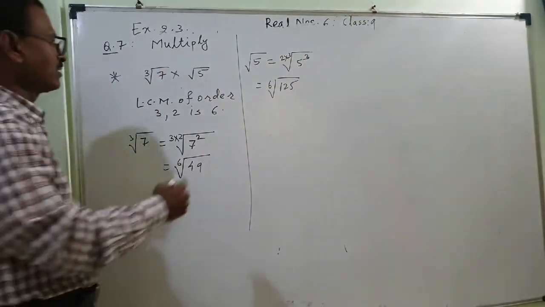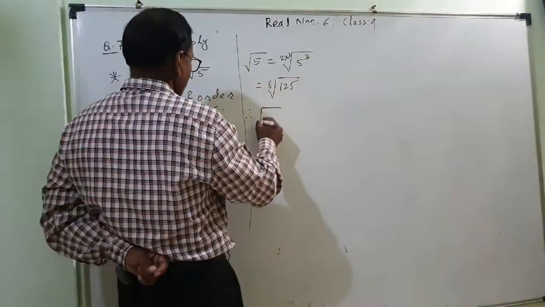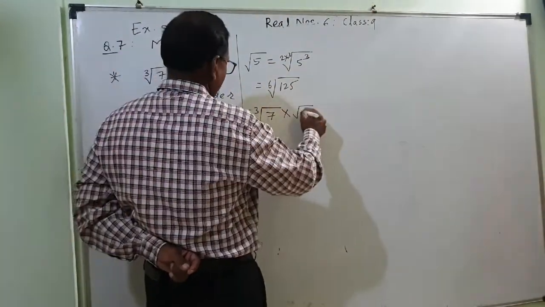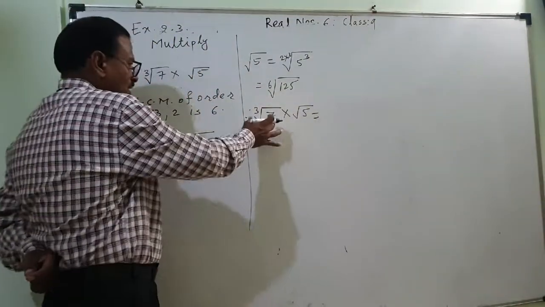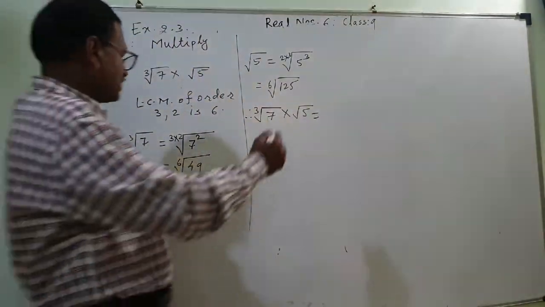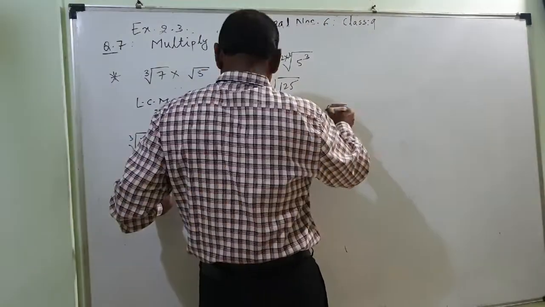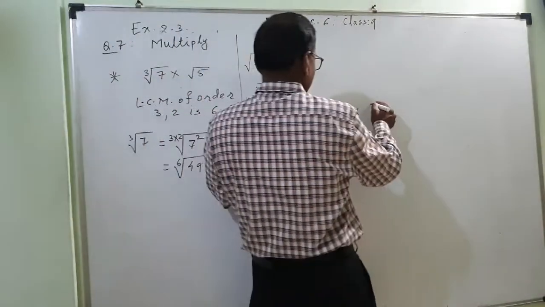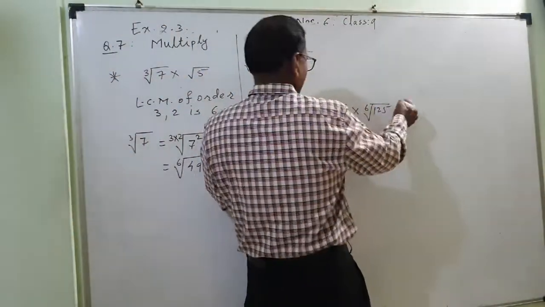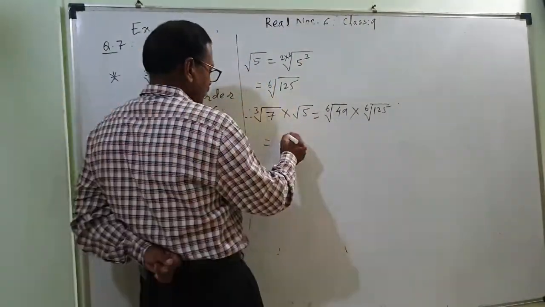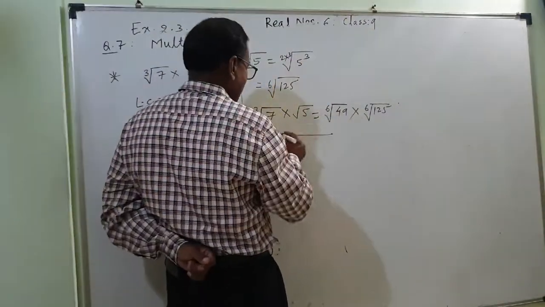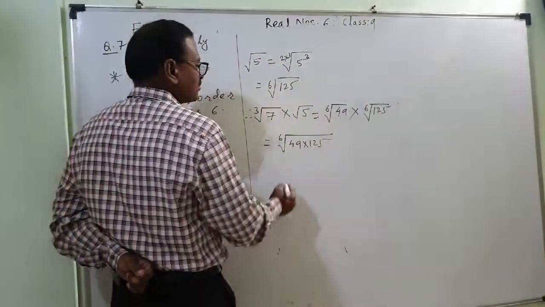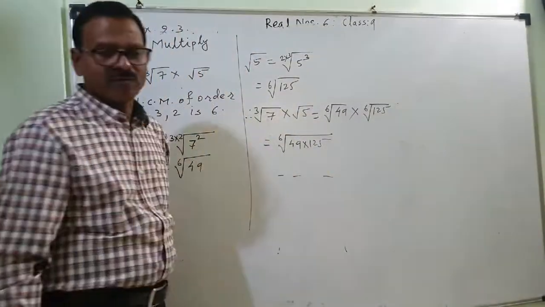Now I want to multiply. Therefore, cube root of 7 into square root of 5 is equal to 6th root of 49 into 6th root of 125. That is equal to, now the orders are the same, 6th root of 49 into 125, and whatever answer comes, that you find. This is the answer for it.